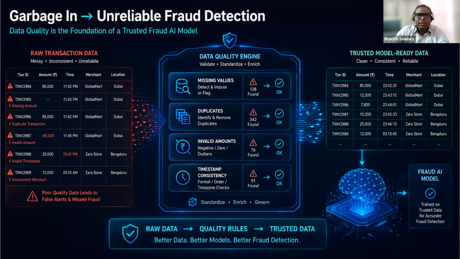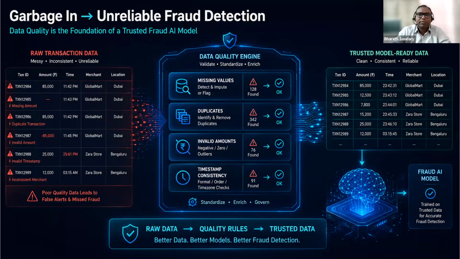Data quality, the foundation of trusted fraud AI. The main message is garbage in, garbage out. If poor quality data enters the AI system, the fraud model can produce a poor decision.